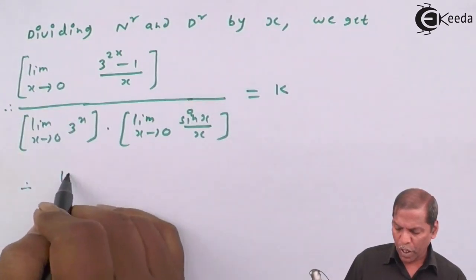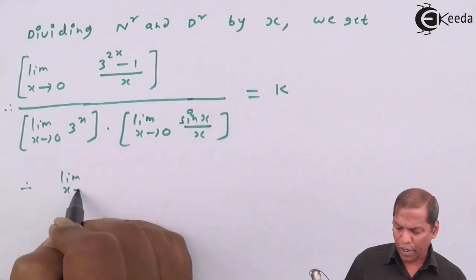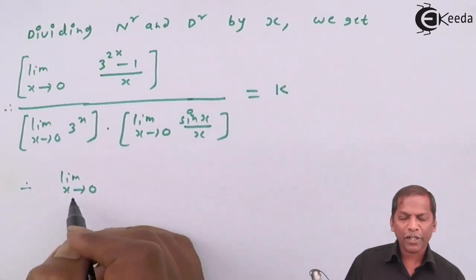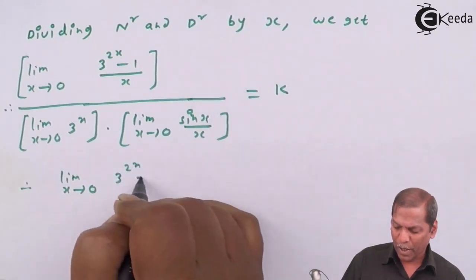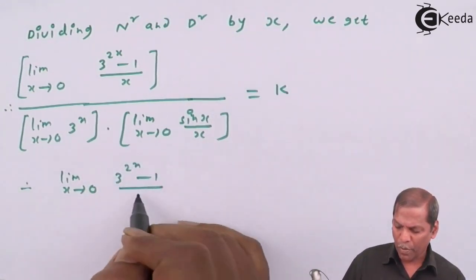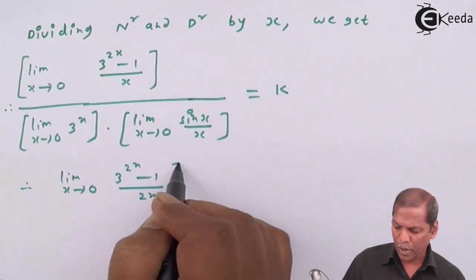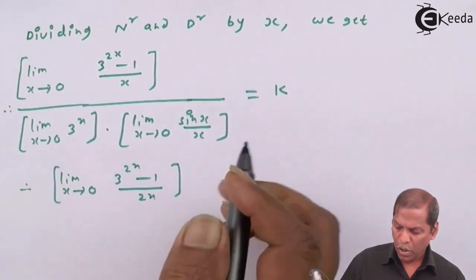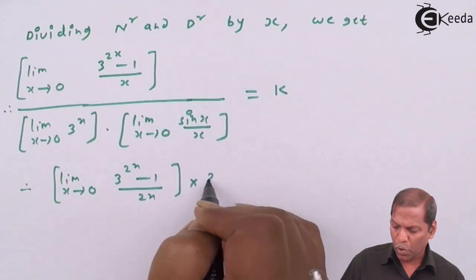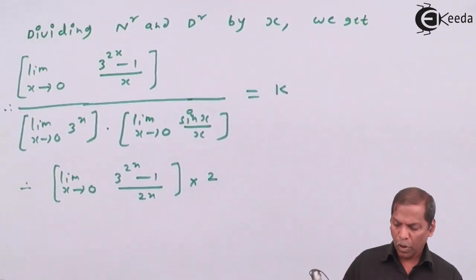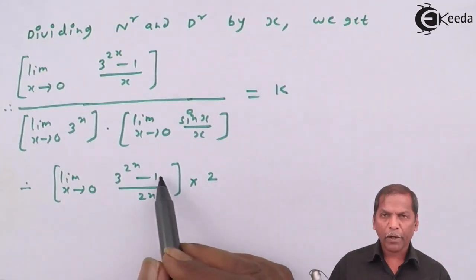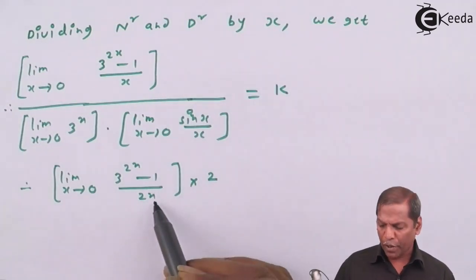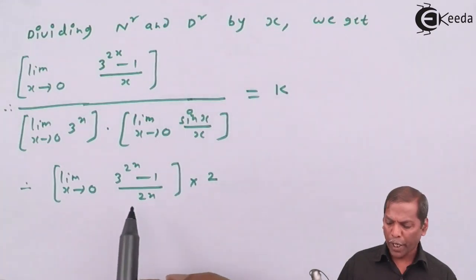So therefore, the numerator can be written as limit x tends to 0, (3 raised to x minus 1) upon 2x, into 2. It means here we multiply numerator and denominator by 2 to get the rule.